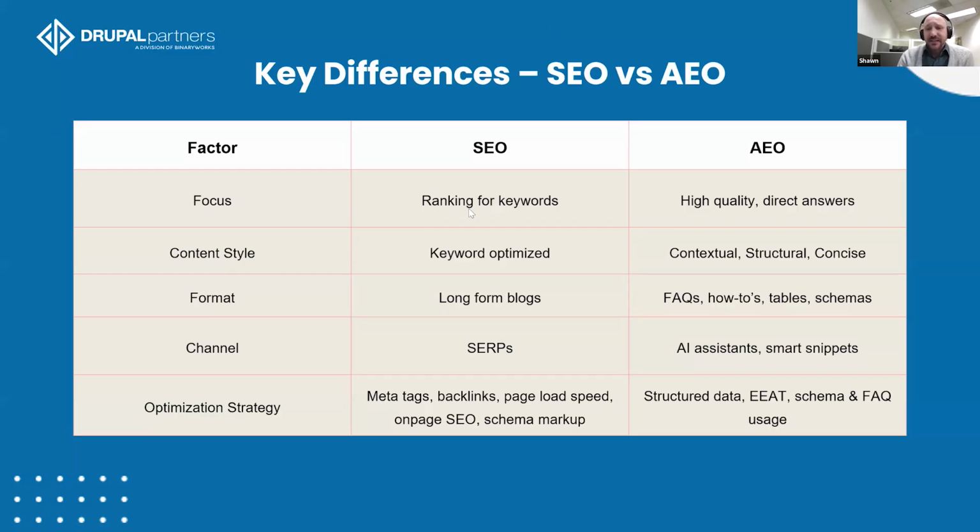SEO uses SERPs, and AEO uses AI assistants and smart snippets. Their strategy is also different. With SEO, people were looking at meta tags, backlinks, page load speeds, on-page SEO, and schema markup. All these different factors would combine to affect a site's SEO. With AEO, what's affecting the ranking is the structure of that data, EEAT, the schema, and FAQ usage.